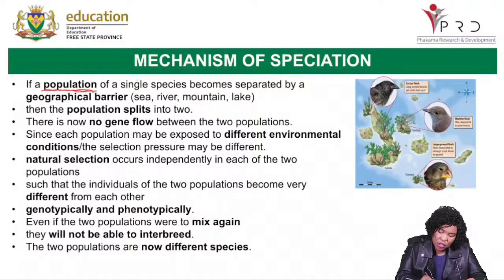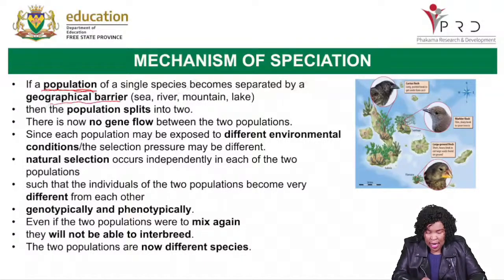So if a population of a single species becomes separated by a geographical barrier, that geographical barrier can be a sea, a river, a mountain, or a lake. So you need to check the example that you are given. If you have to apply, you need to specify which geographical barrier you can see there.